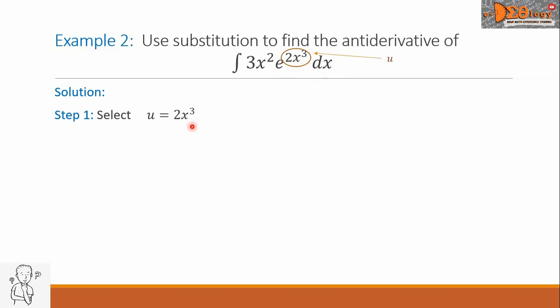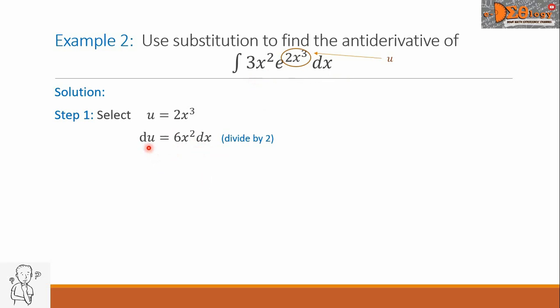Then taking the derivative of this equation, we have now du equals 6x squared dx. Observing our remaining function 3x squared dx. But the value here is 6x squared dx. We want to show this right side to be the same with our remaining function in the integrand. So we will divide this by 2.